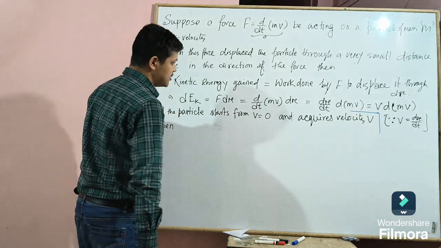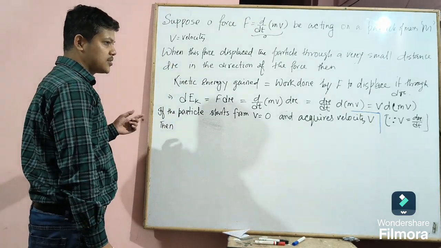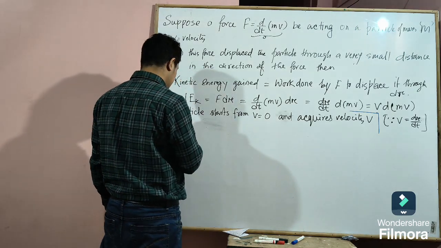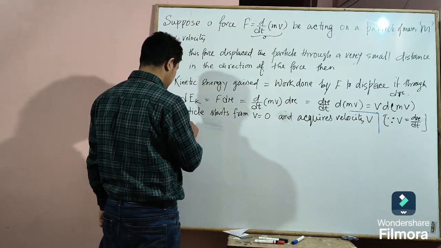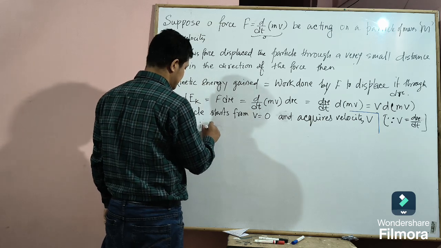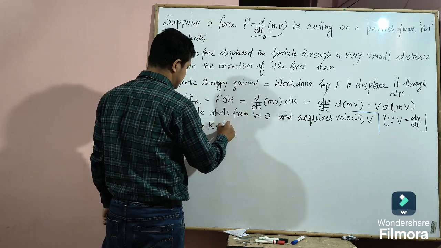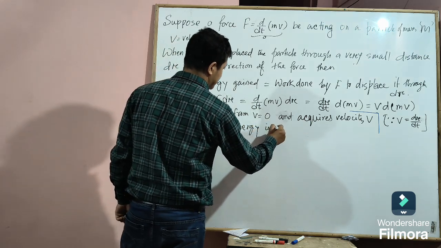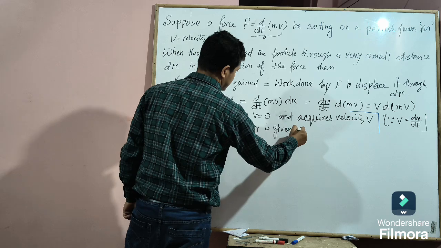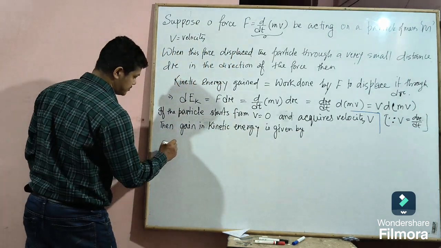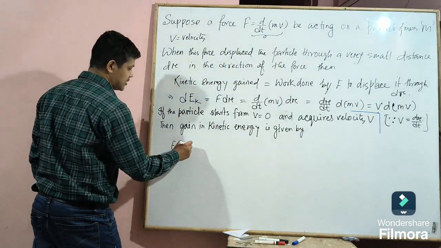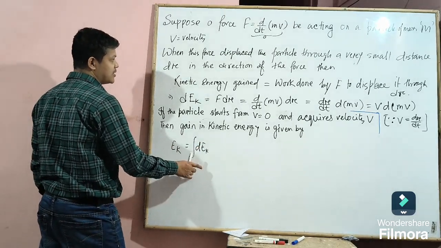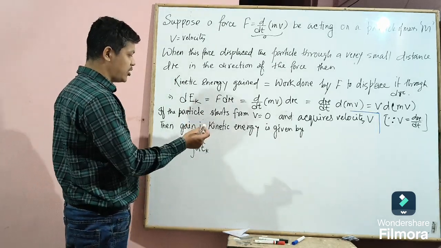then in that case the total gain in kinetic energy Ek is going to be the integration of dEk, because this is the small gain in kinetic energy when the particle was displaced through a very small distance.